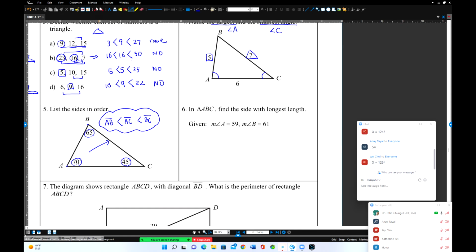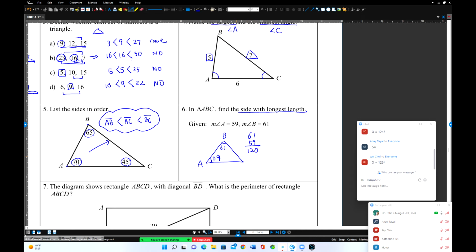Number 6, triangle. Find the side with the longest length. Check it out. A equals 59. B equals, I'm going to approximate, 61. What about C? The sum of these two, 61 plus 59, equals 120, right?